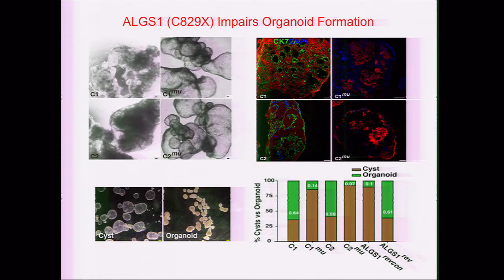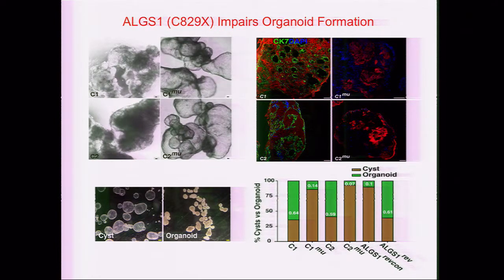Now, why does that matter? Well, when you look in the wells, if you look in the control wells, you see things like this. They form nice little compact balls of cells with this compact structure. When we looked in the Alagille wells, there were these just large fluid-filled cysts.